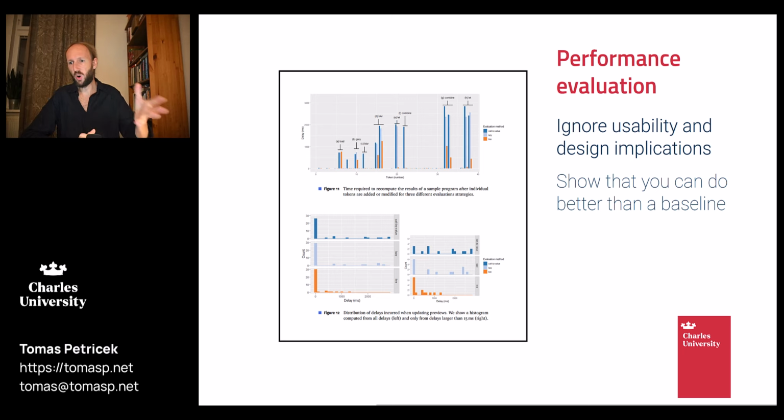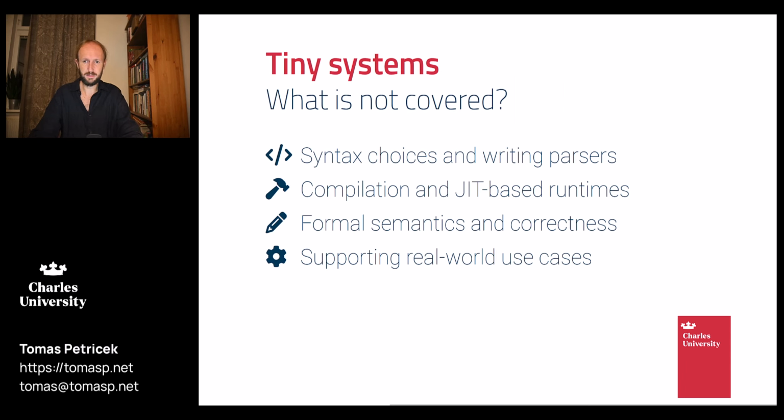It will ignore whether the system is usable and whether people will actually use it in a way that leads to the desirable performance. We might also ignore other design implications of the specific thing that we are focusing on. So if you're measuring the performance of a system, you are again ignoring many other practical aspects.